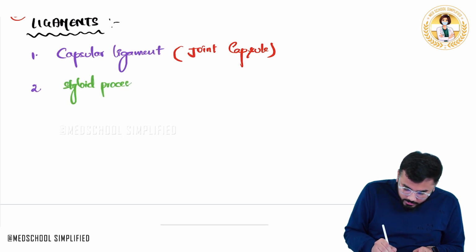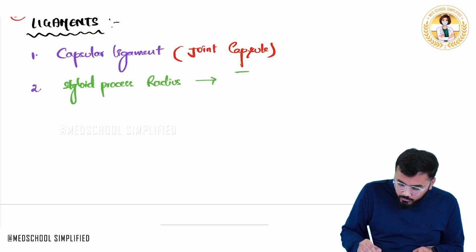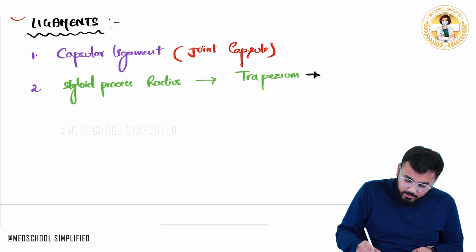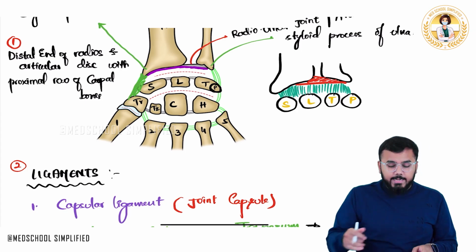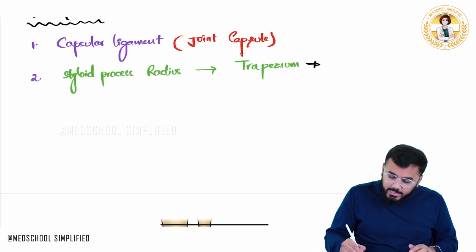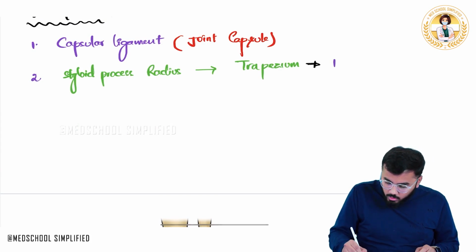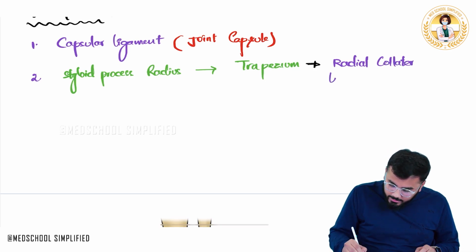This particular ligament is towards the radius bone on the radial side. You call it a radial collateral ligament.